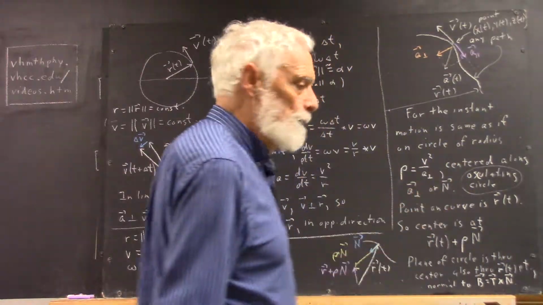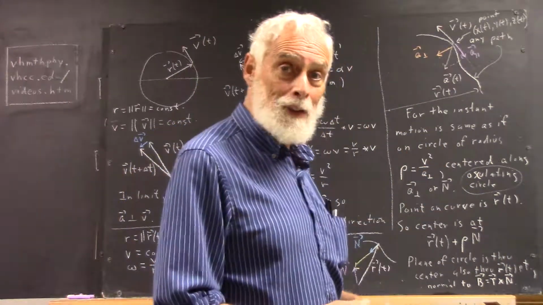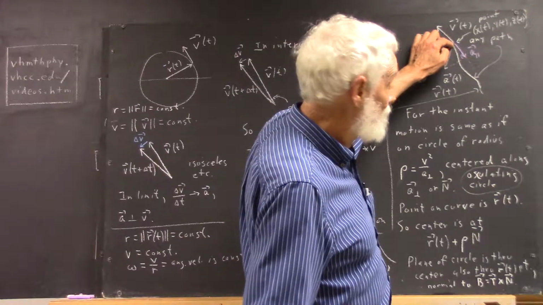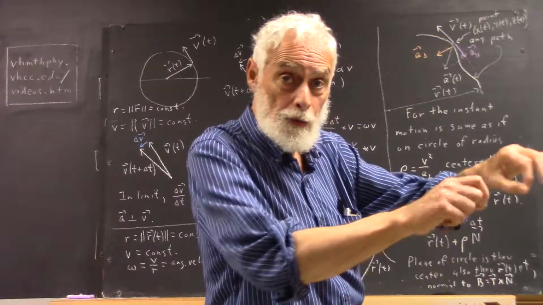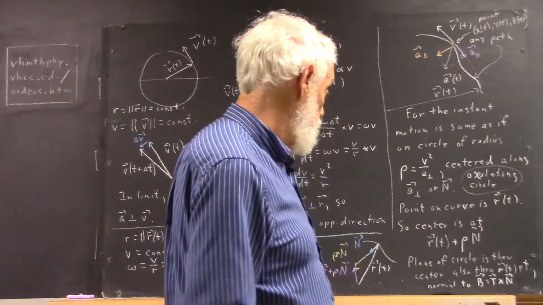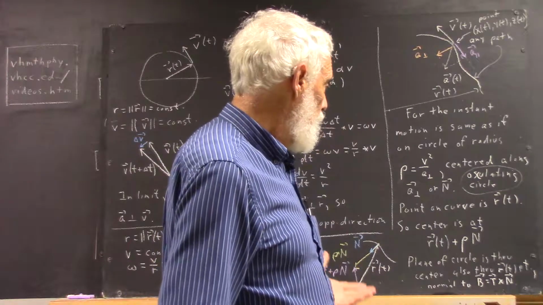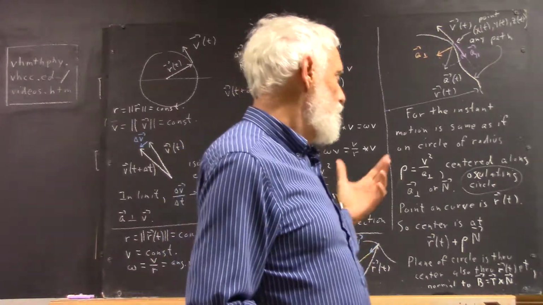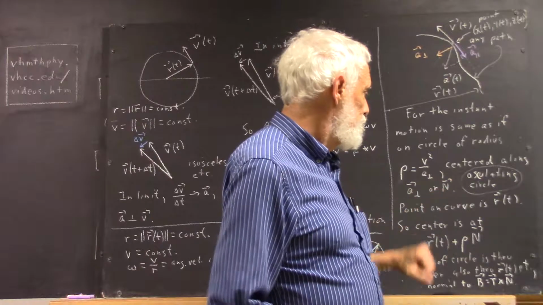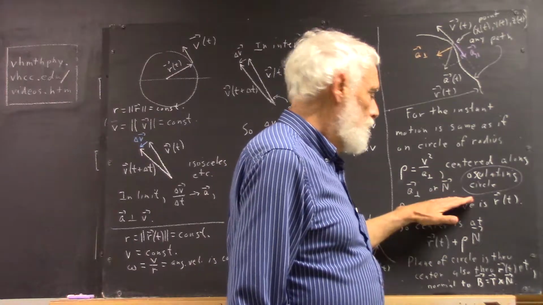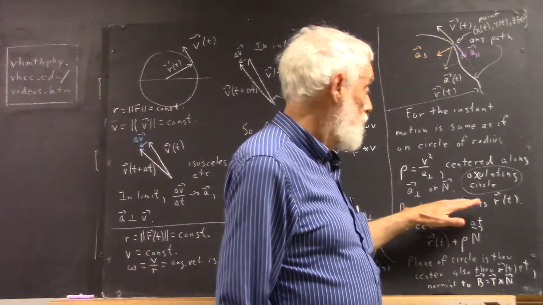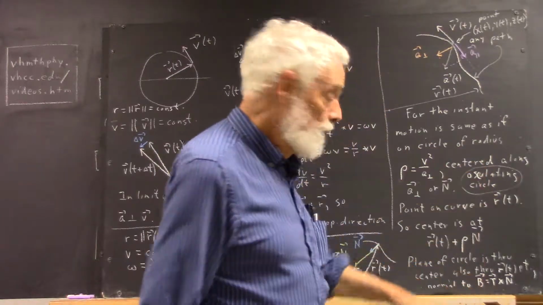Now, osculating means kissing. Okay, so the circle kisses the curve right here. It goes along with the curve for a short distance at least. Now, let's clarify. Well, let's leave it at that for right now, and then in our next clip, we'll see where we go from there.